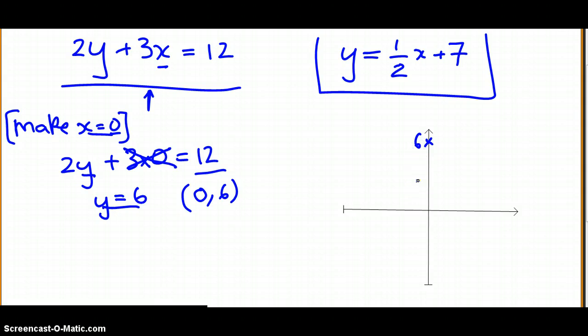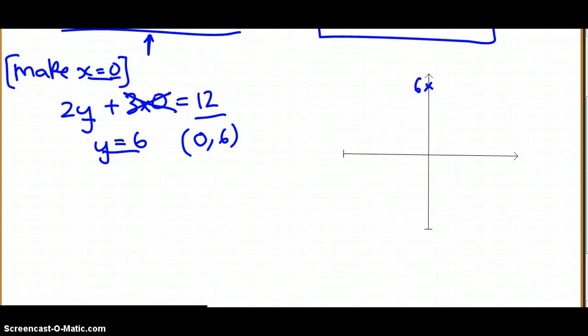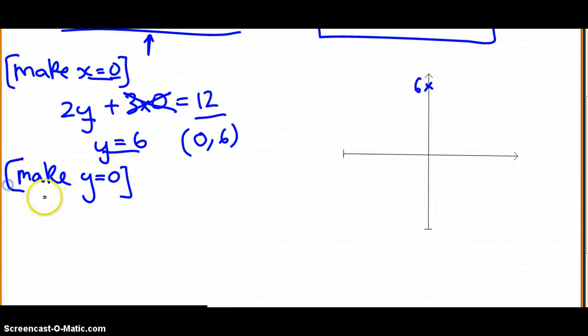My next step is going to be make y equal to 0. Same equation, 2 lots of 0 plus 3x is still equal to 12.